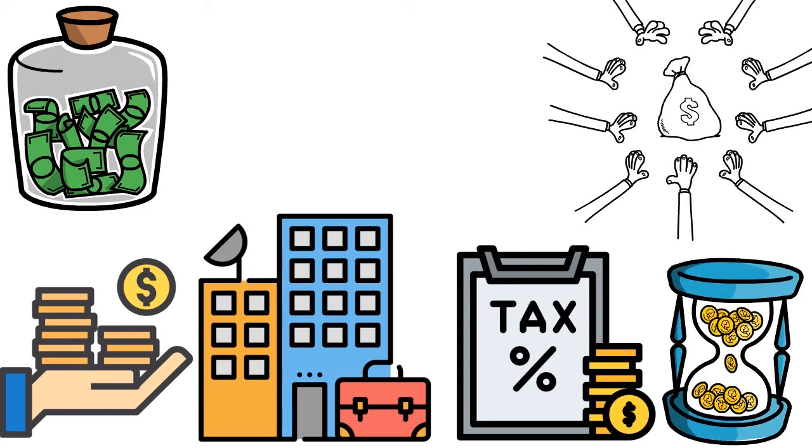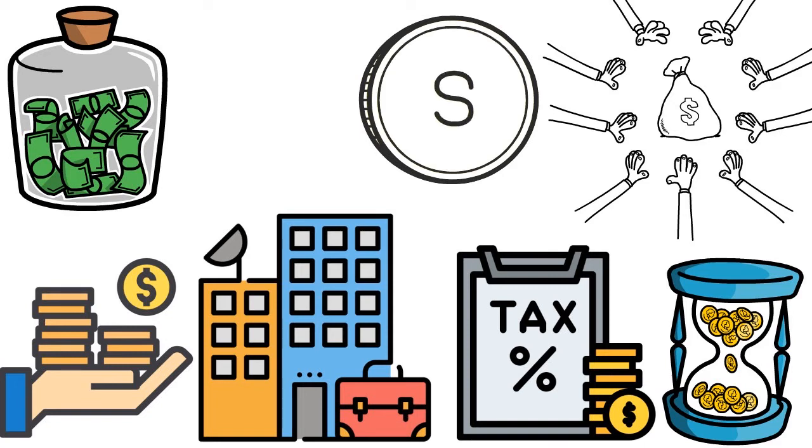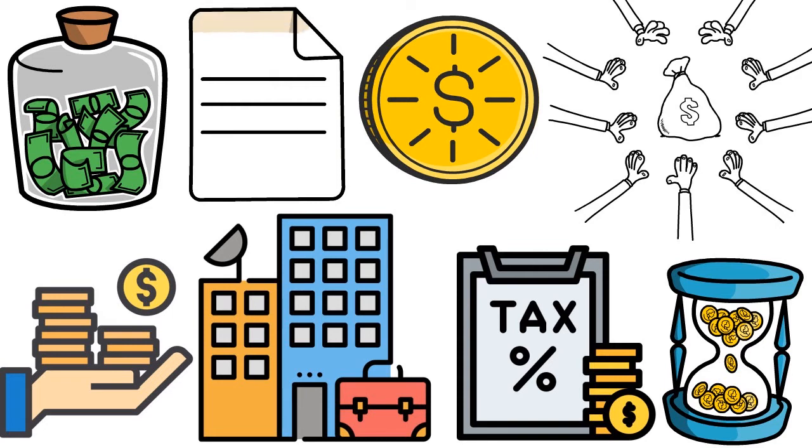So S corporations avoid this business tax by passing their income through to their business owners directly, as reported on something called Schedule K-1. This is why everybody refers to S corporations as pass-through entities. Very important.